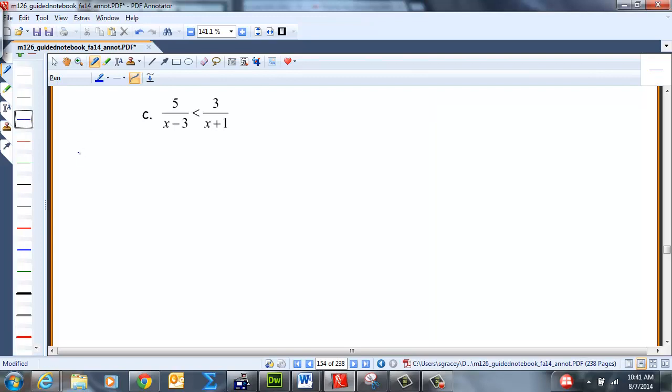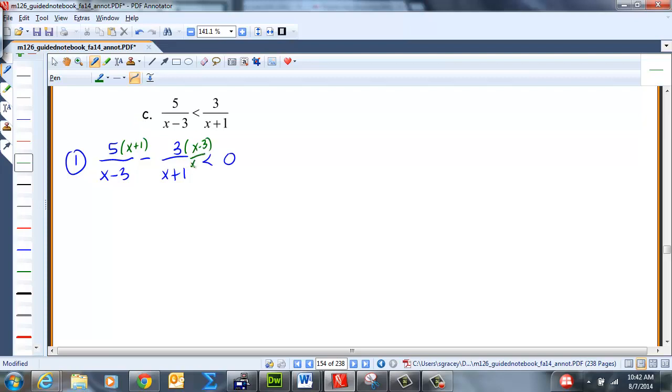So here we are. First step, we want to get 0 on one side. And we're going to have to make this one happy fraction as well. So if we subtract 3 divided by x plus 1 from both sides, we get this inequality. Now we need to get a common denominator. So the 5 is missing a factor of x plus 1, and this fraction is missing a factor of x minus 3.